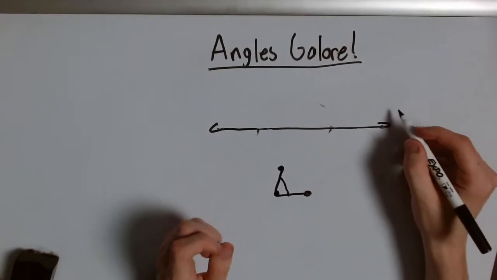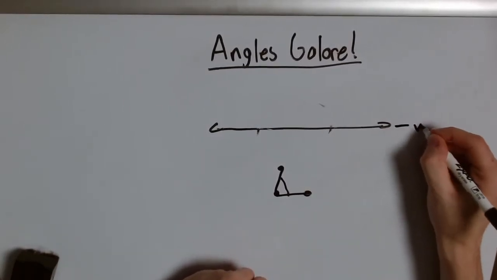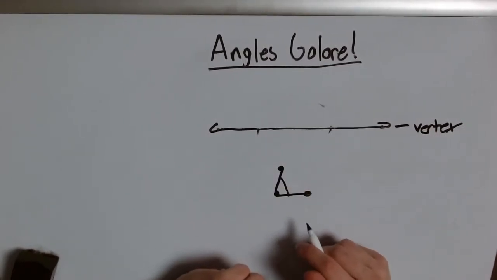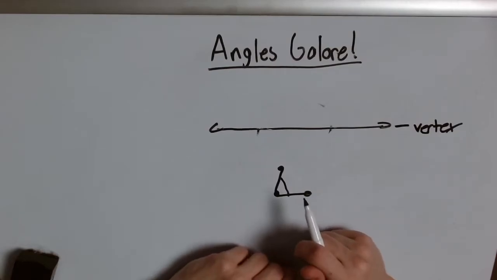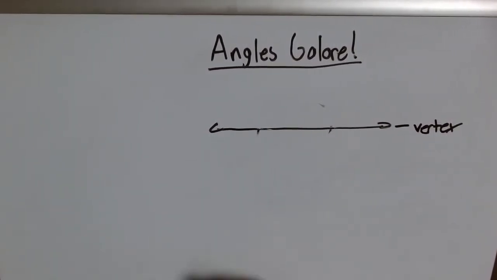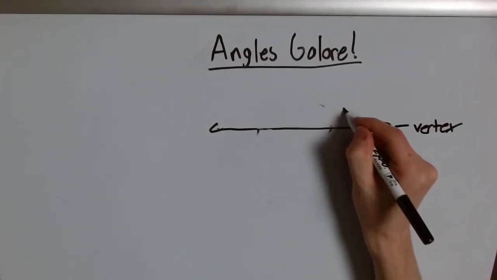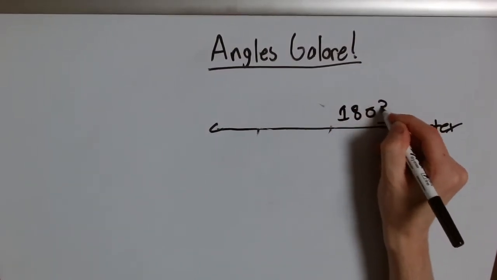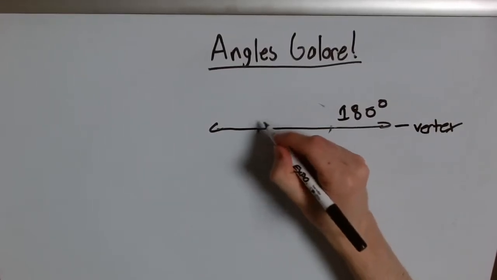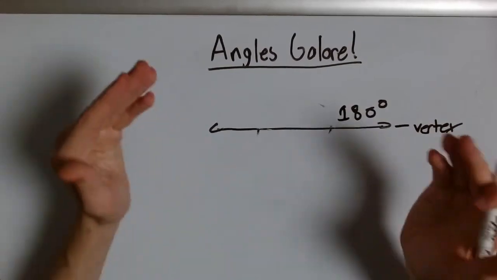That's how we form an angle. Well, this doesn't have a vertex. It doesn't have a meeting point where two different lines collide. Is this an angle? Yes, it is. And this has a measurement of 180 degrees. Why is that? Well, remember the circle we just drew, 360 degrees.